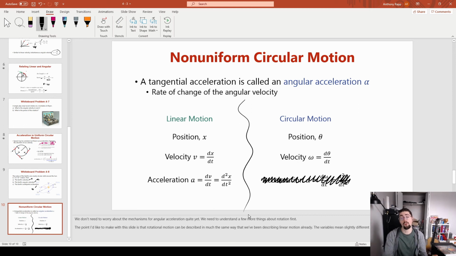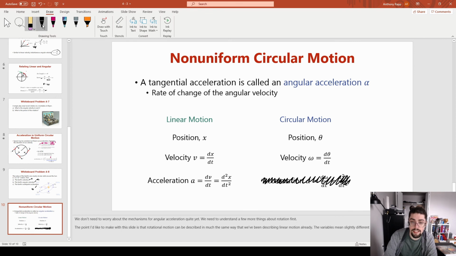To go back and forth between linear and circular, you might notice that all you actually need to do is multiply by r. That's one of the really cool things about this. If I take theta times r, I actually get back to my distance in meters, x. If I take my angular velocity and multiply it by r, I get back to my tangential velocity.